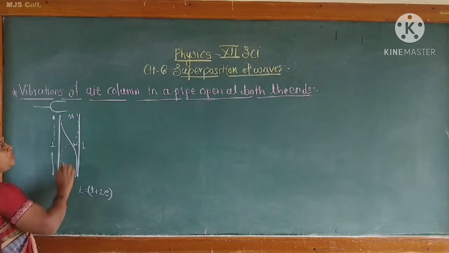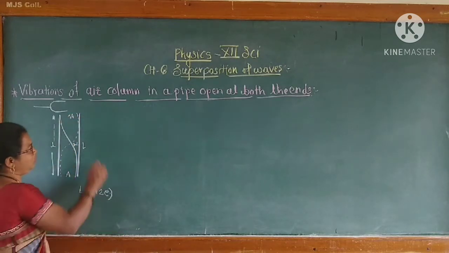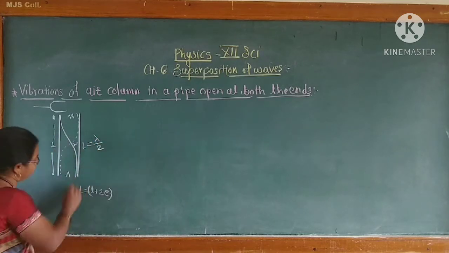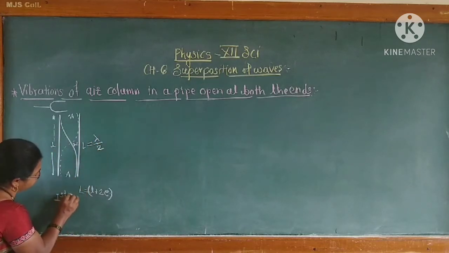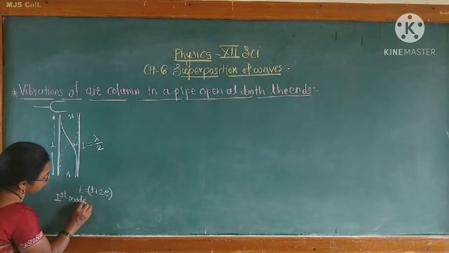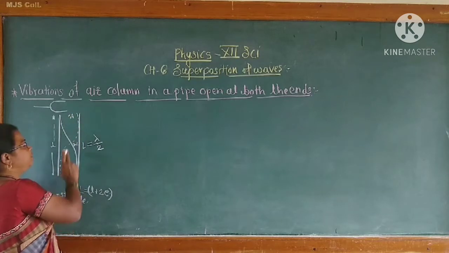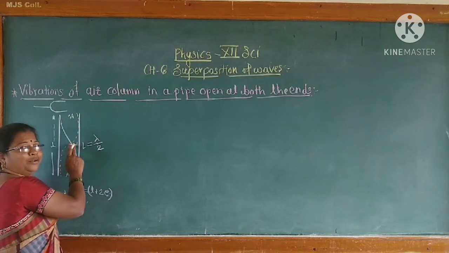The distance between two antinodes is L equal to lambda by 2. This is the first mode of vibration, and in the first mode there are two antinodes and a single node.